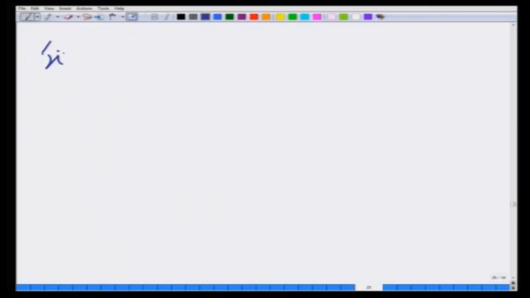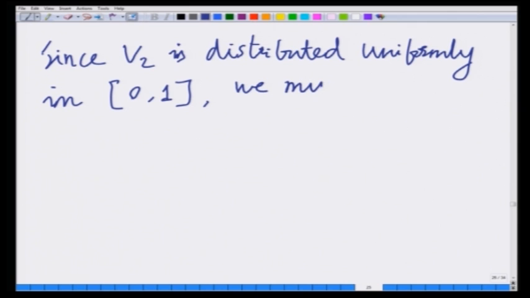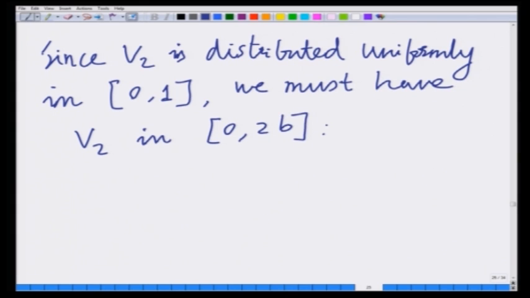Since the valuation V2 is distributed uniformly in 0 to 1, we must have V2 in 0 to 2B.